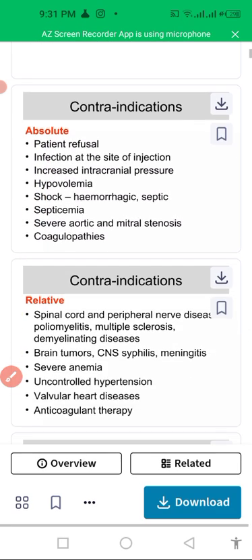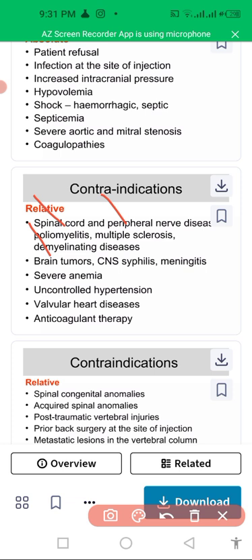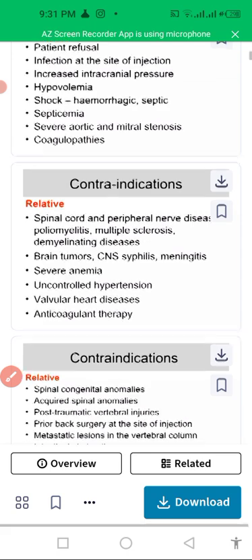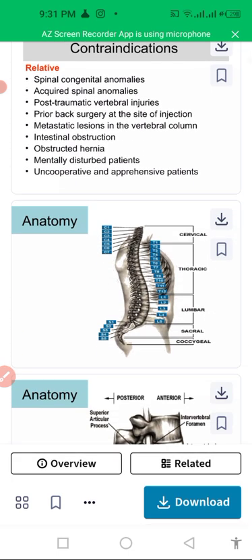Relative contraindications are spinal cord or peripheral nerve disease, brain tumors, CNS syphilis, meningitis, uncontrolled hypertension, anticoagulation therapy, hypotension, or bradycardia. These types of contraindications are there.